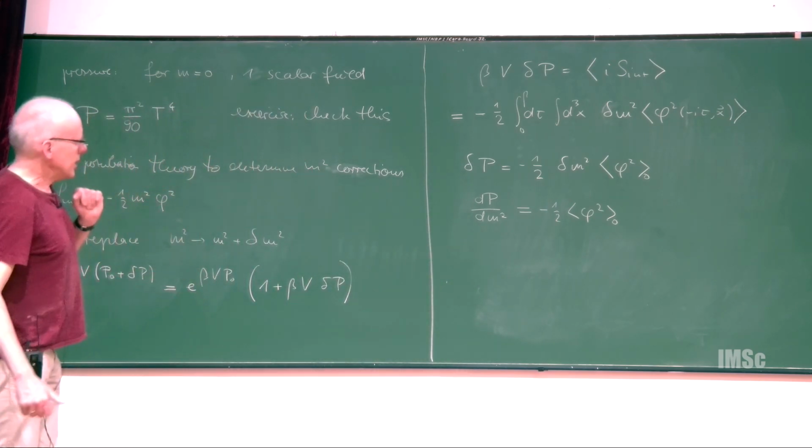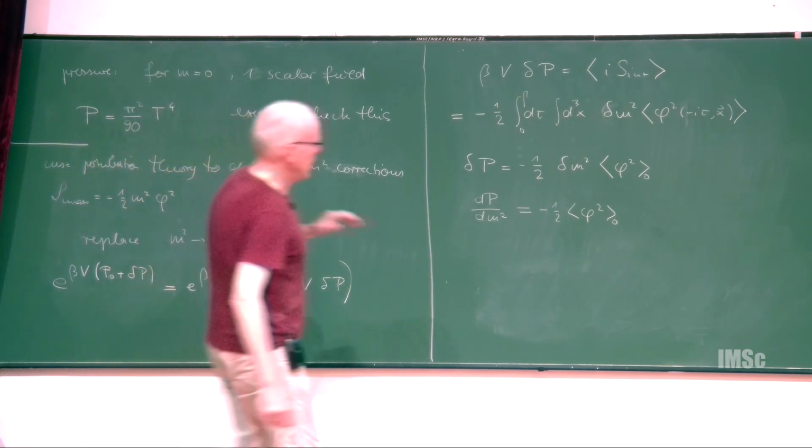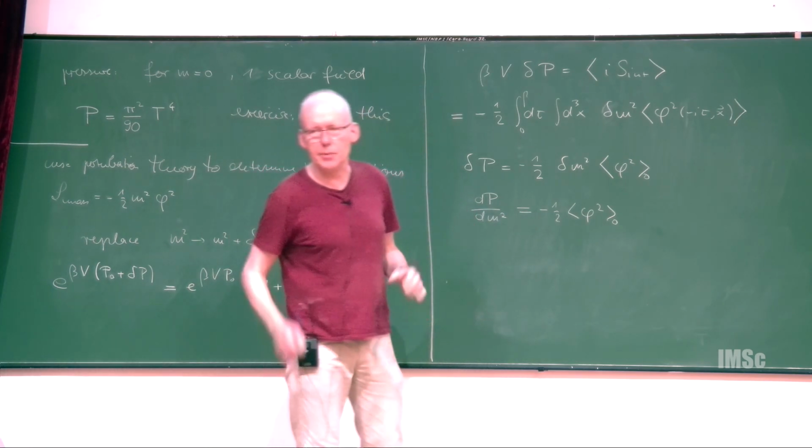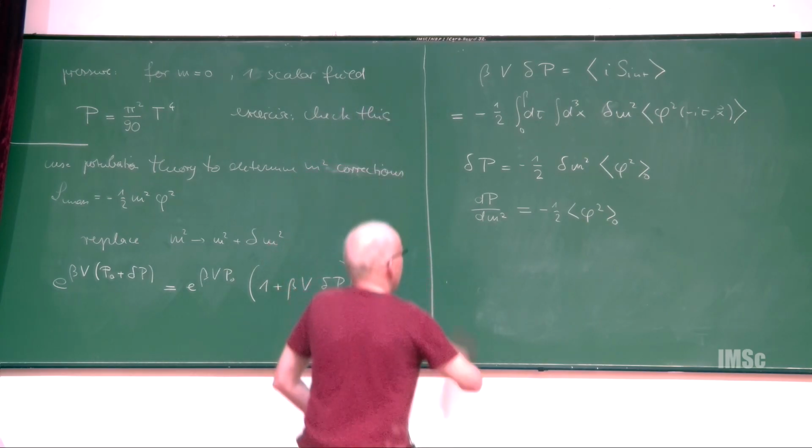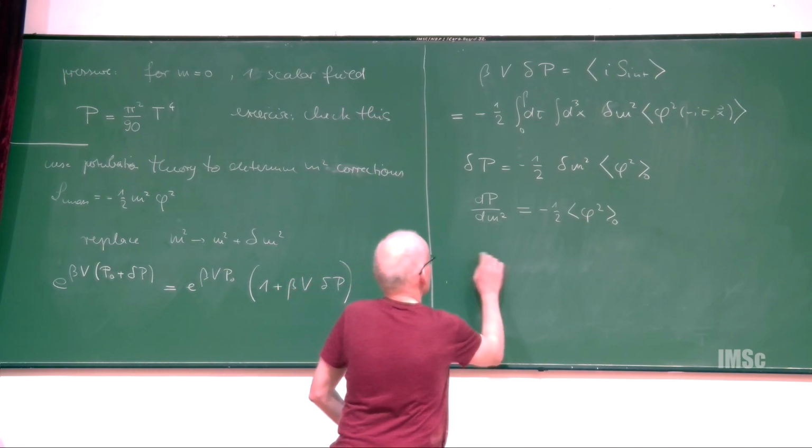Now, what is this phi squared? The phi squared is an expectation value of two fields, and in perturbation theory we often see these things.